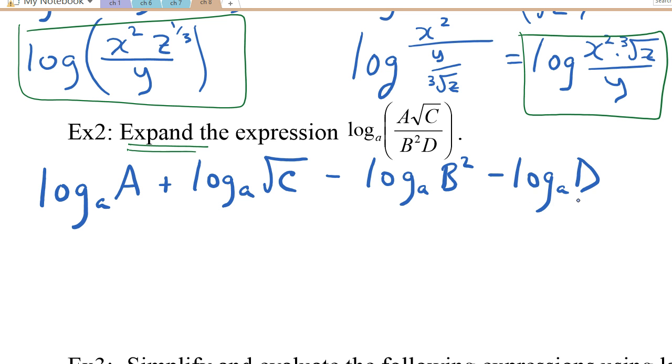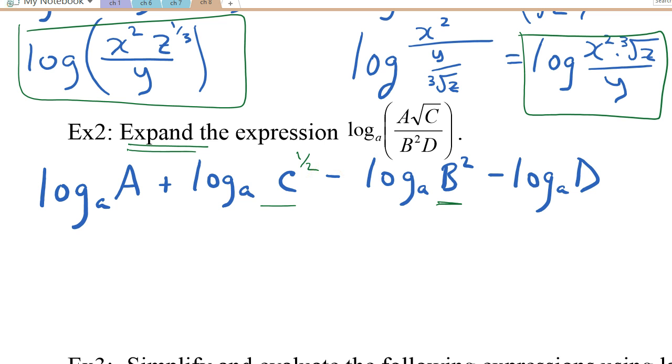Now you might say that we're done here in our expansion, but there's two pieces that we can still work on. It's these ones here. Remembering that the square root of C, another way of writing that would be to say C to the power of 1/2.